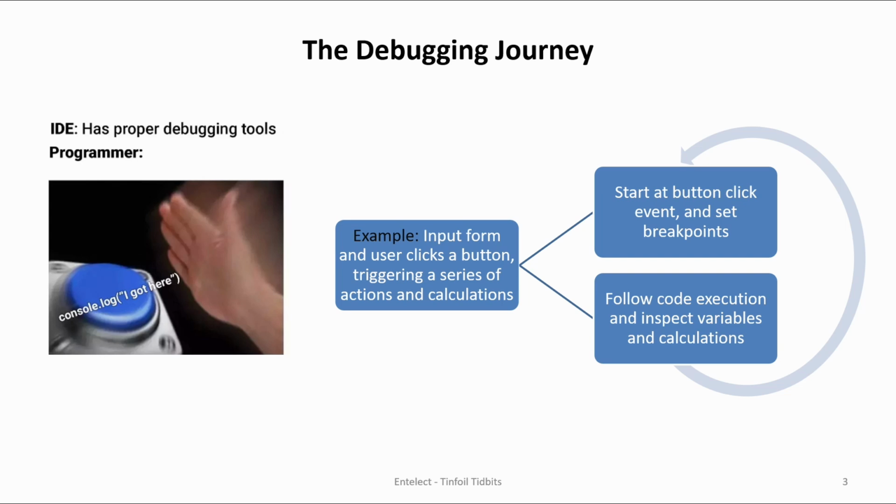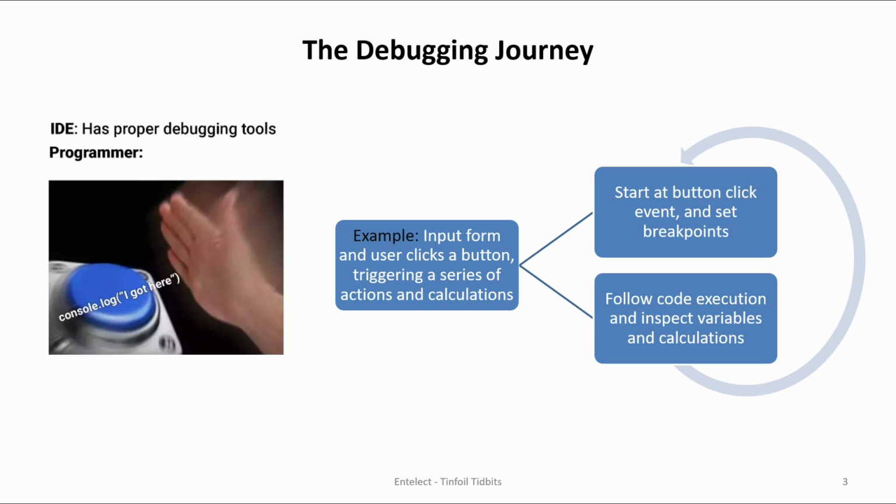Maybe it does a whole bunch of calculations first and then saves all the information and all the calculations that have been done. And let's say there's something wrong when the user clicks save, but maybe things are not being saved, or maybe it's being saved but all the calculations are incorrect, something like that.